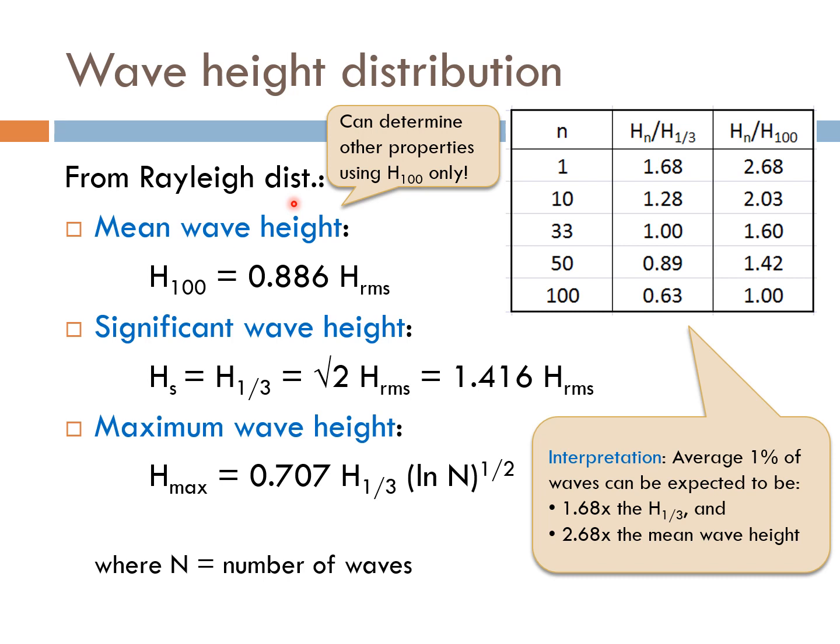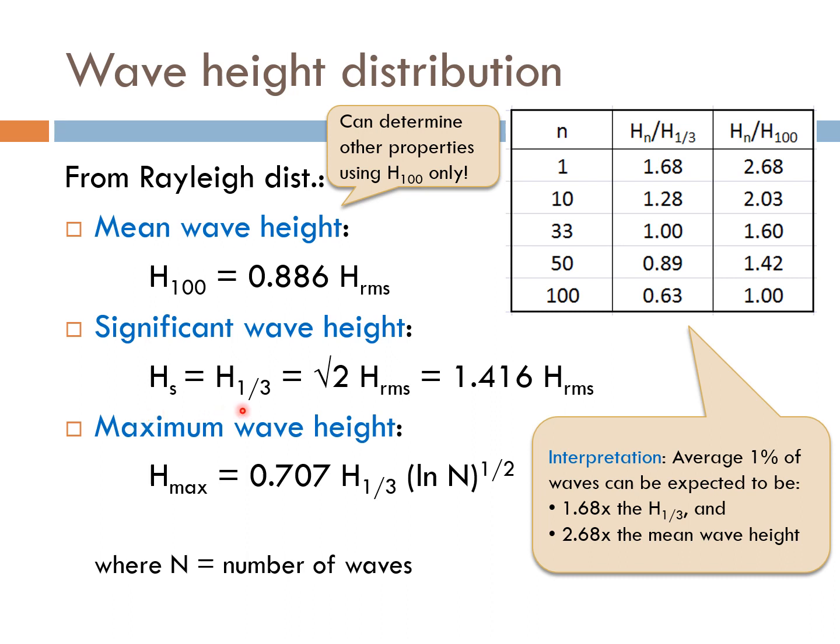Here, the correlation given is for long wave observations, whereby for long enough observations, we expect the waves to follow this kind of behavior, where the average wave height or mean wave height is typically 0.886 of the H_RMS.